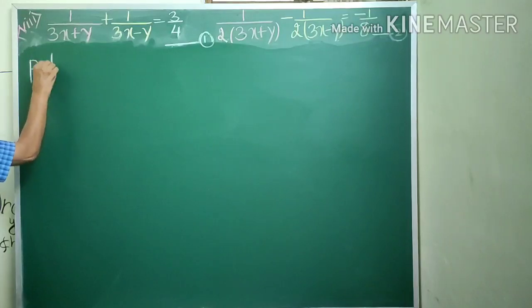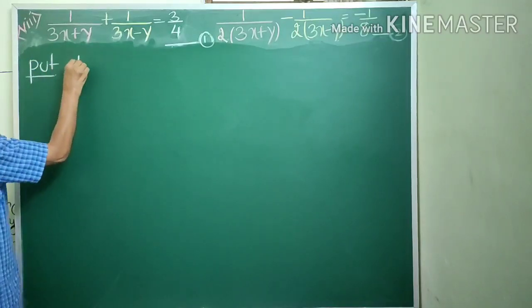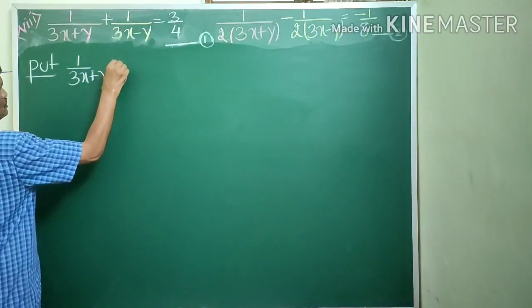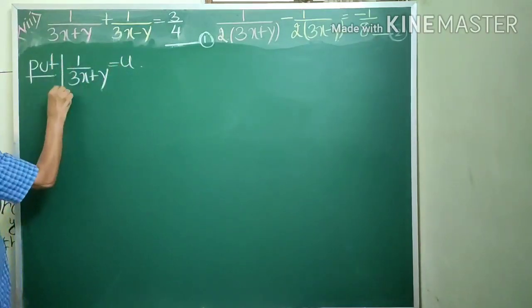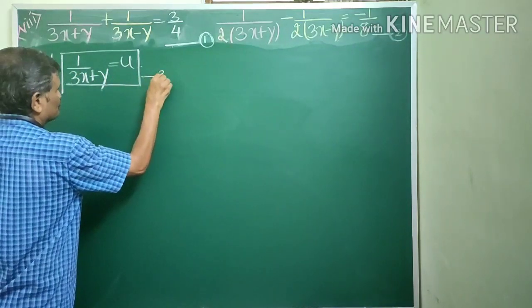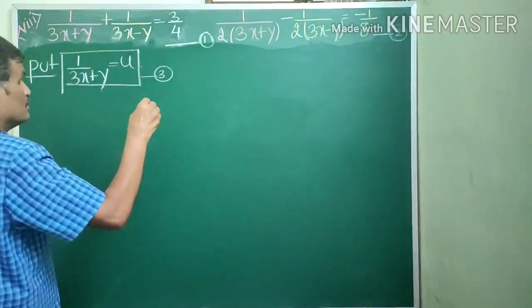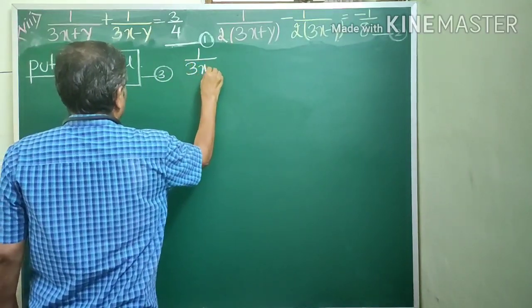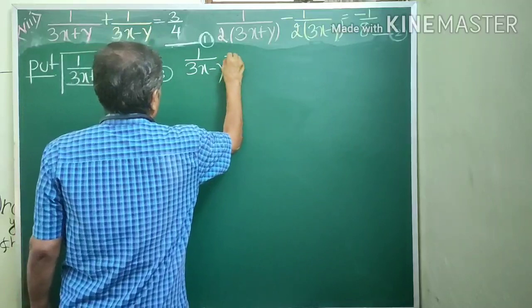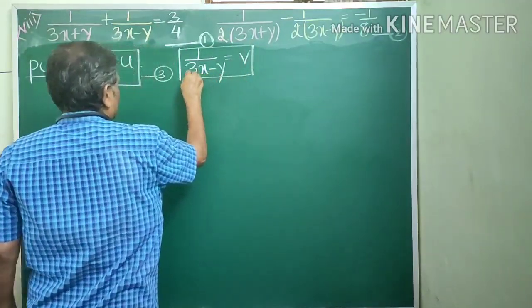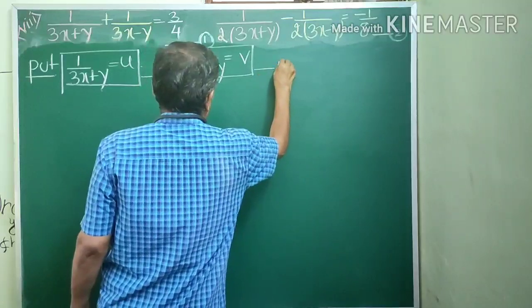What is the method? The method is to put 1 by 3x plus y is equal to u, and this I would like to call equation number 3, and 1 by 3x minus y I would like to take as v, and this I will call equation number 4.